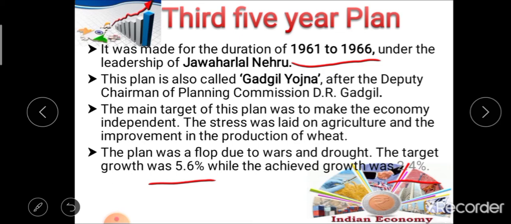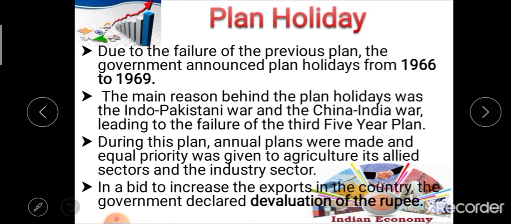After the third plan, next is the plan holiday. Due to the failure of the third plan, the government announced plan holidays from 1966 to 1967. The main reasons behind the plan holidays were the Indo-Pakistan War and the China-India War, leading to the failure of the third 5-year plan.